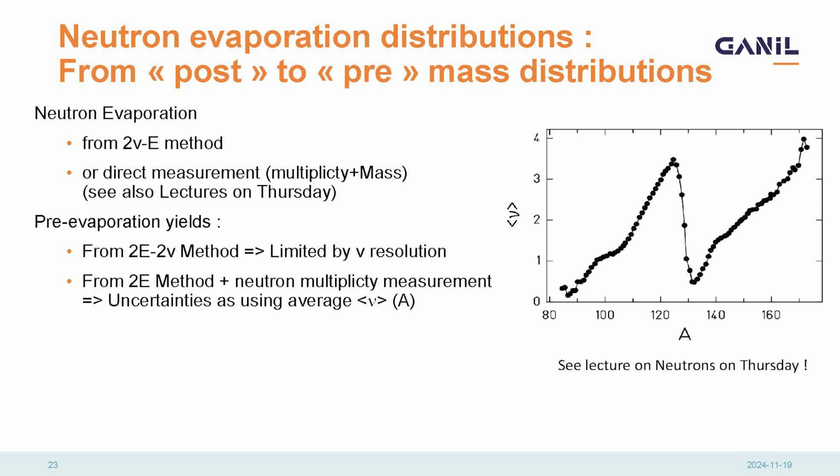These are the two different approaches, but what I want to stress is that trying to get back to those pre-evaporation mass distributions is what will constrain the way we can model the system.